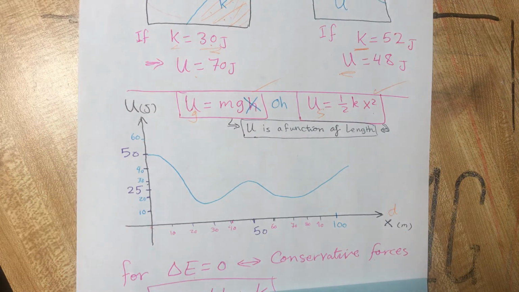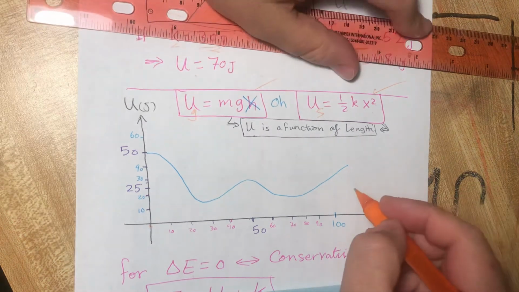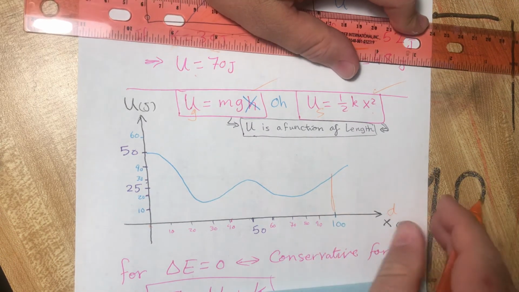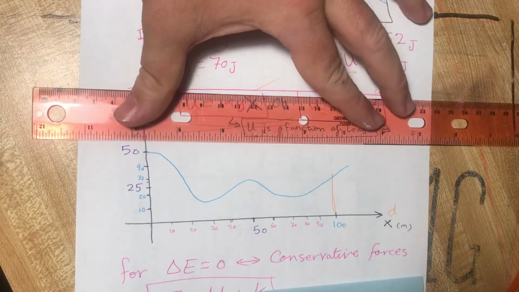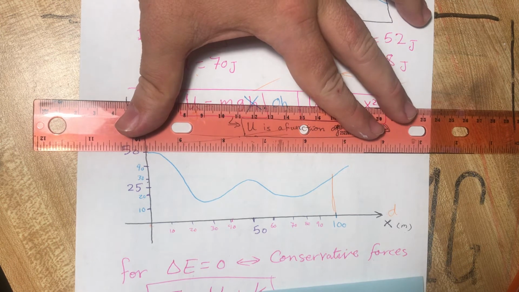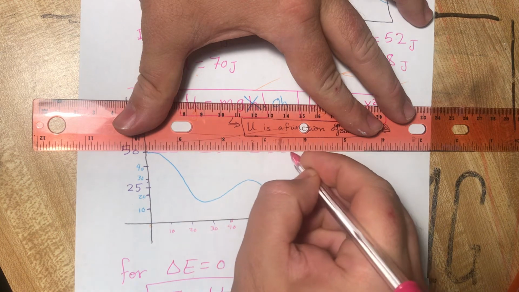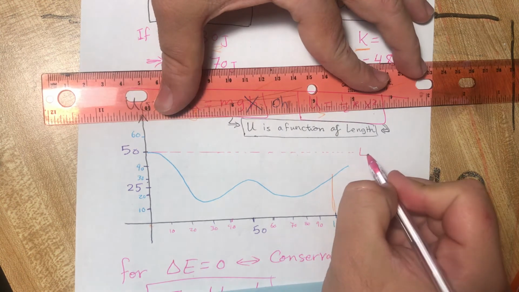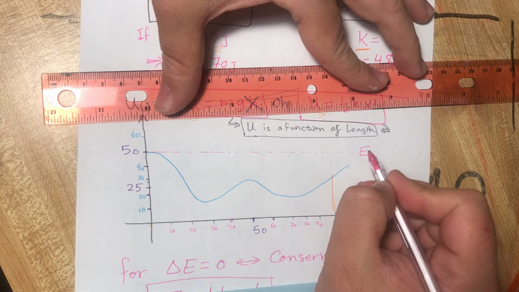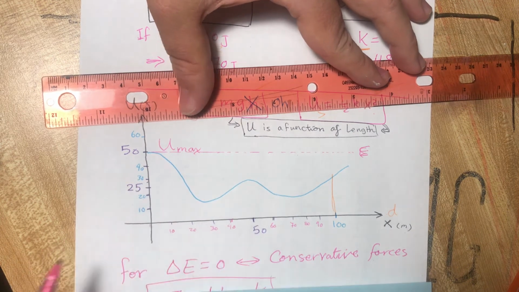Now from this curve, what can we find? Be careful with what I need to do. The maximum energy in our curve, from this point to this point, is at the maximum potential. Here, look. This is U max, the maximum potential energy.